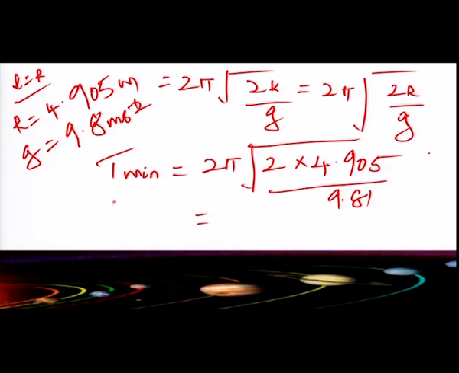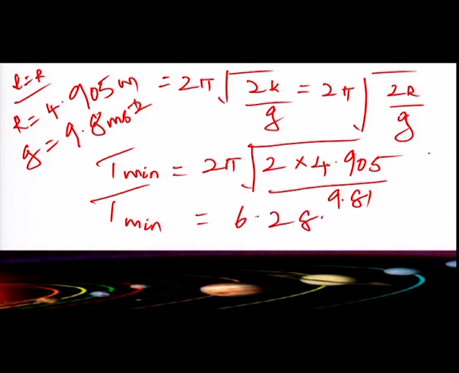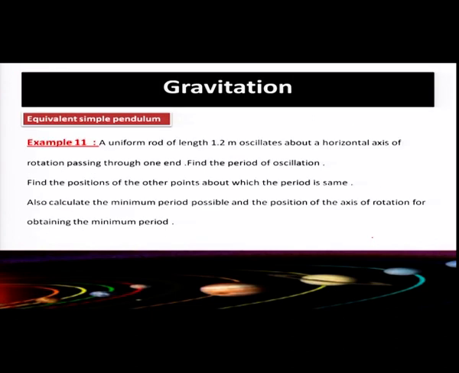So, therefore, what is the value of T minimum? The value of T minimum is 6.282 second. So, this is the final answer for this problem, and we will discuss another problem.